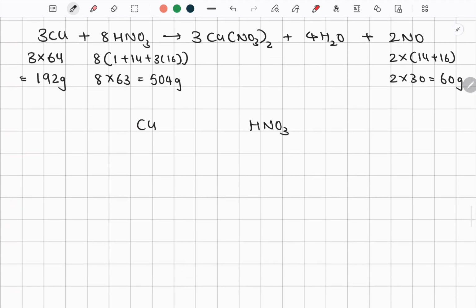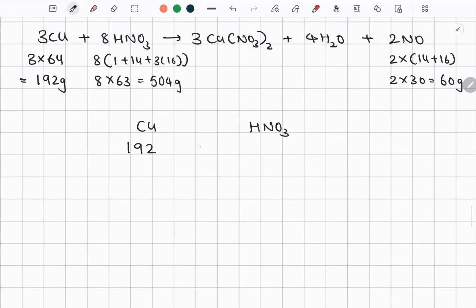192 gram of copper is required to react with 504 gram of HNO3. Then if only 63 gram of HNO3 is given, how many gram of copper would be required?